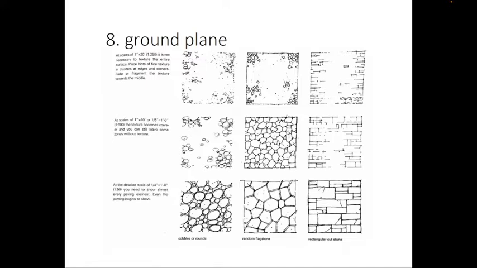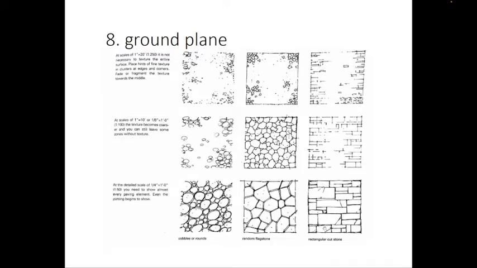You can see a lot of small ovals and circles plus dots can describe gravel or different types of gravel or different types of pavement. It is not in our best interest to draw every single piece of stone. It is in our interest to create a technique that gives the impression that that is a stone paved surface.